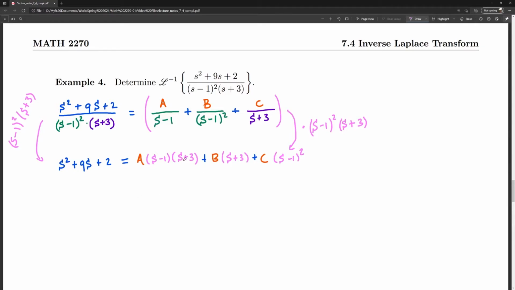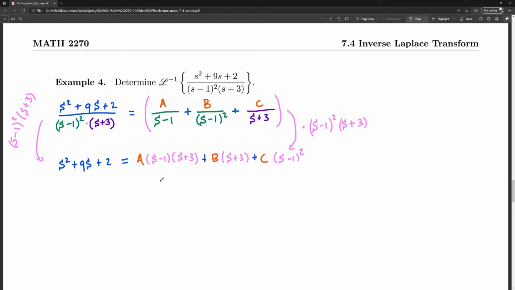Now, at this point, there are several approaches that you could take. One approach would be to FOIL this out, distribute the A, the B, the C, and then combine like terms, and then, since this has to hold for all s, we can compare the coefficients in front of the s squared, in front of the s, and just the constant coefficients.